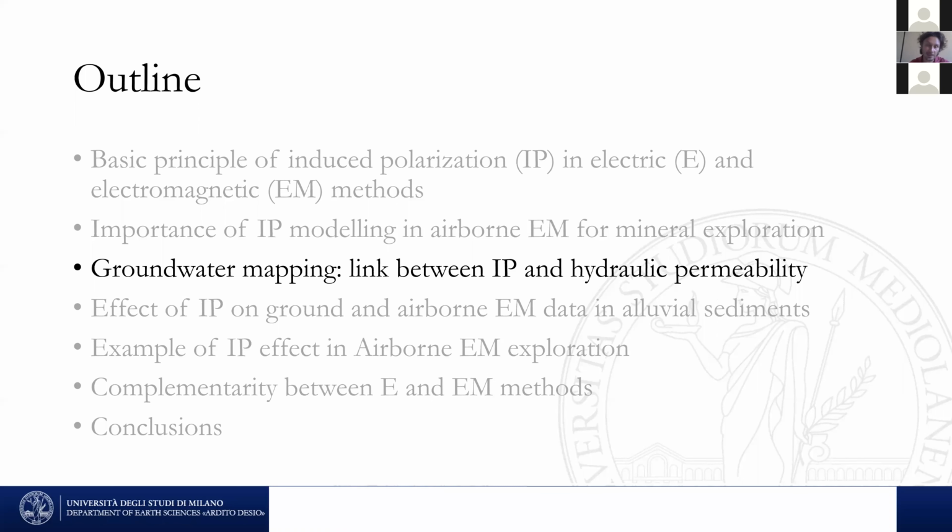Once we establish this link and see how well it works for galvanic ground data, we can use it for doing realistic estimation of IP properties on aquifers, establishing hydrological properties of the ground. We can see how big the IP effect will be, both on galvanic data, but more importantly also on electromagnetic data.